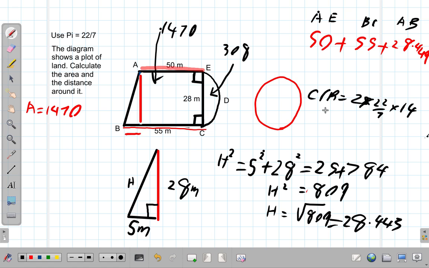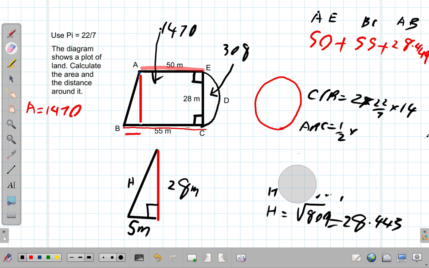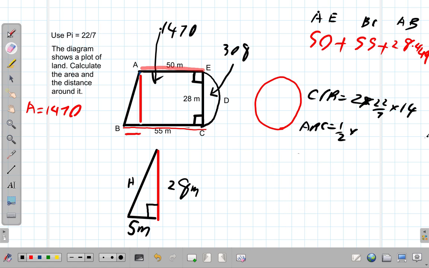Alright, that's the whole circle. Now the arc that we have is half of the circle, so it's half times 2 pi r, so half times 2 times 22/7 times 14.